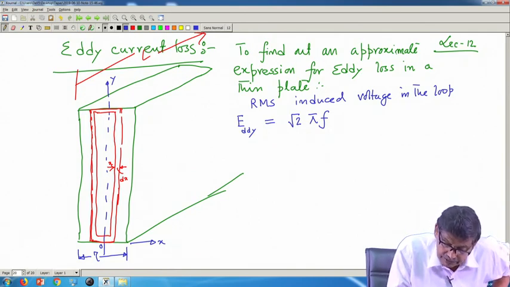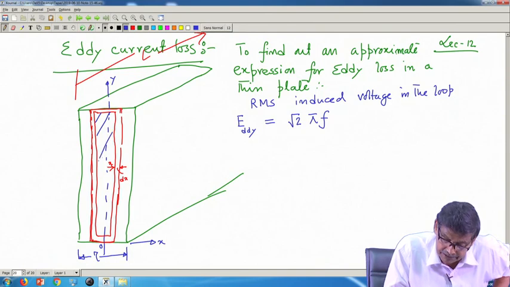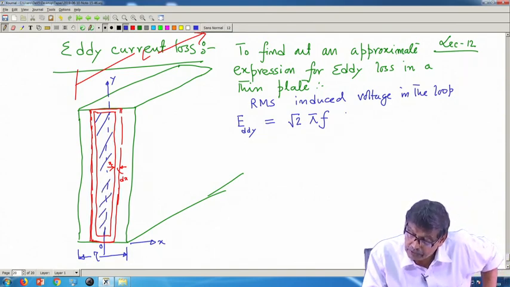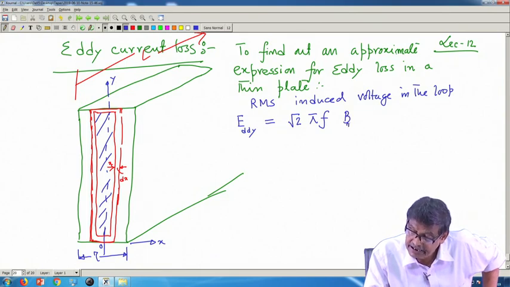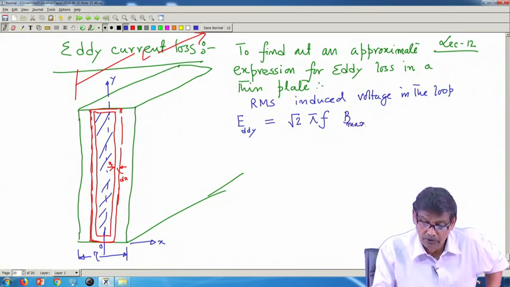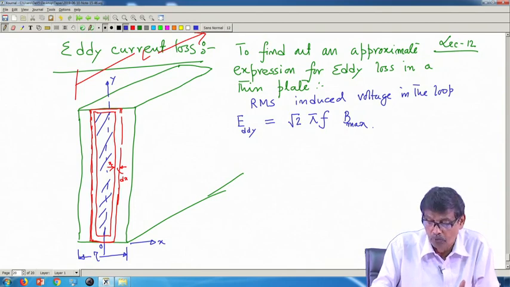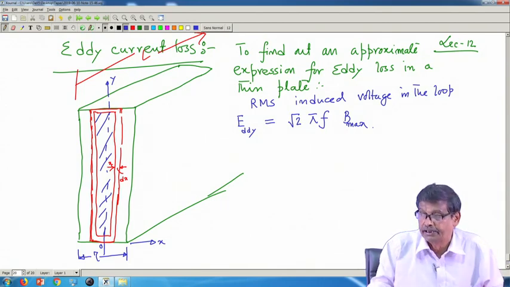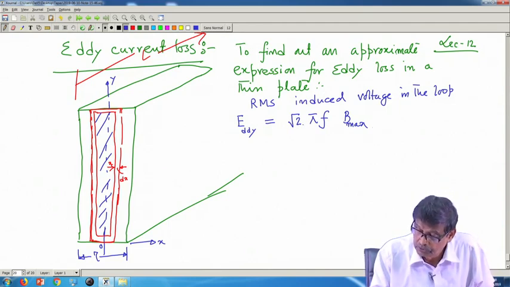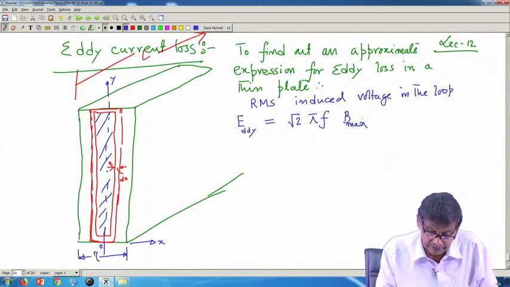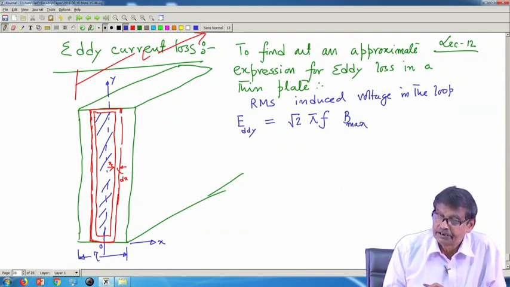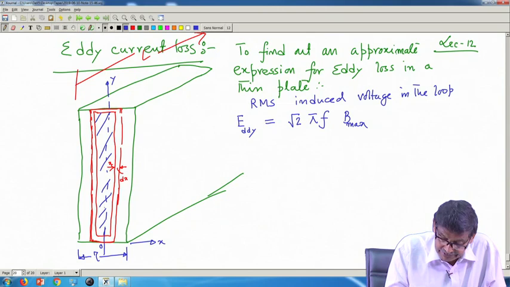Phi max is what? The flux enclosed by this area, mind you. But that flux enclosed in the area can be written as B max, which is calculated over the whole cross sectional area, so root 2 pi f B max into the cross sectional area, that is this blue hatched area.